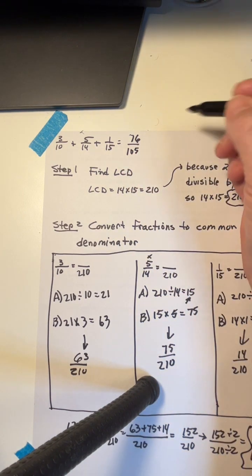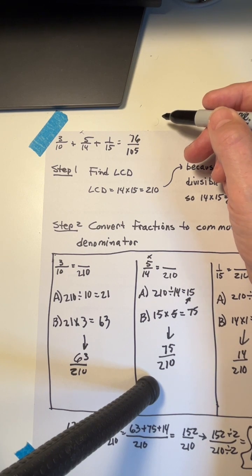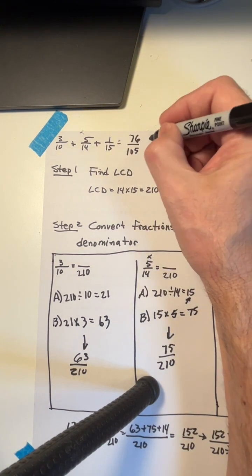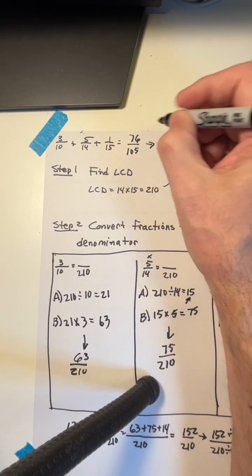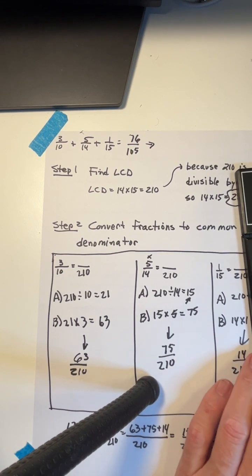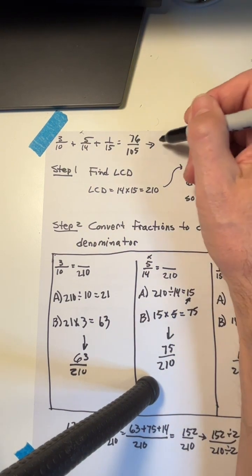I wanted to check my work, not because, well, I know I'm doing it right, but to show you how to check your work. And then you can also turn this into a decimal. Just once again, check your work, and you'll have a calculator on the tests.